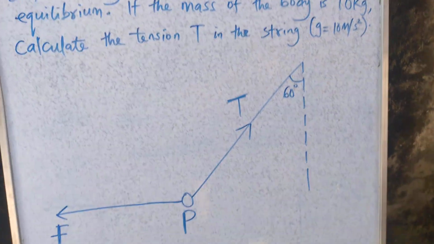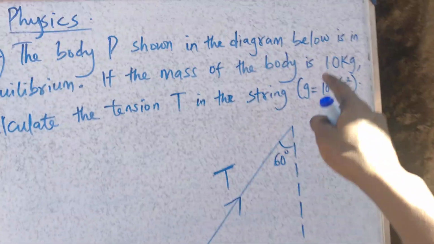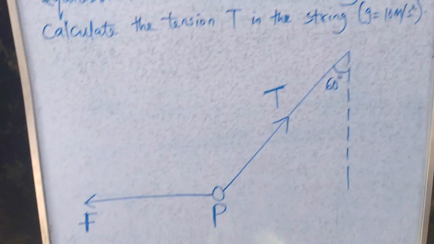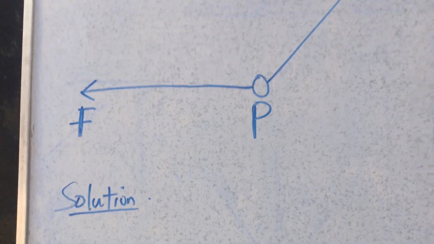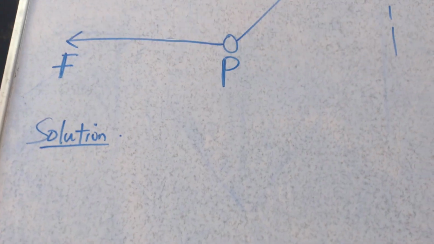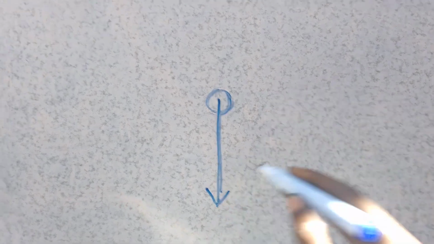So this is a body P. We have to look for the weight of that body. Since the mass of the body is given to us as 10 kg, now we look for the weight. Let's say this is the body, its weight acts vertically downwards.